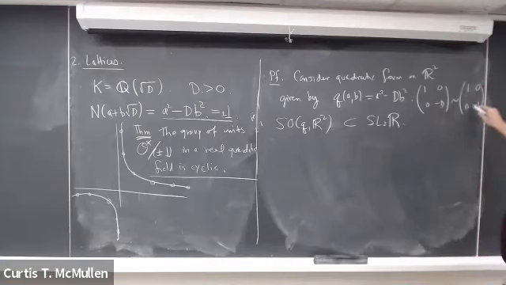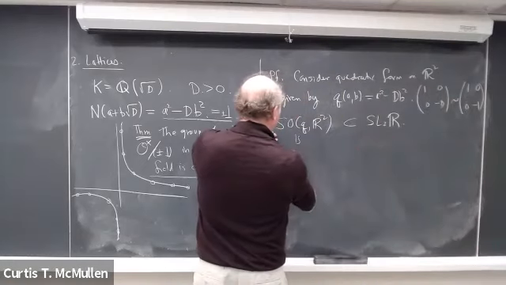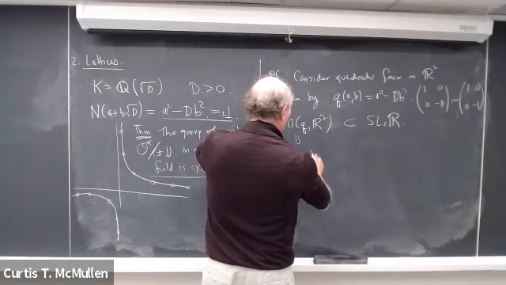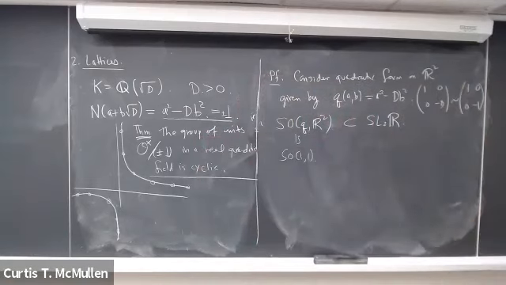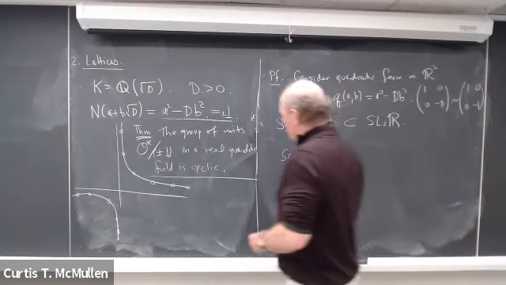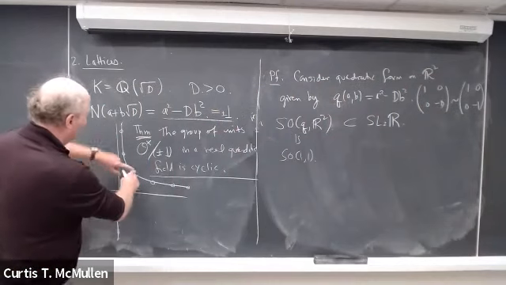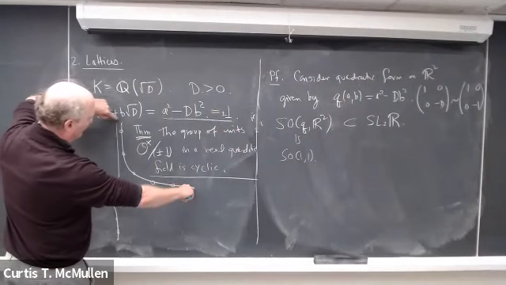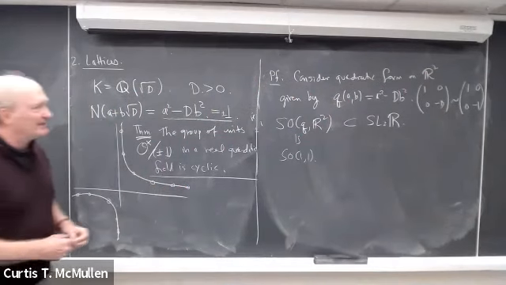It's just a form of signature (1,1). So this subgroup is conjugate to the subgroup SO(1,1), sitting inside of SL2R. In other words, this group is the symmetry group of a one-dimensional hyperbolic space. In fact, you can think of this hyperboloid as the Minkowski model for a hyperbolic space in dimension 1.